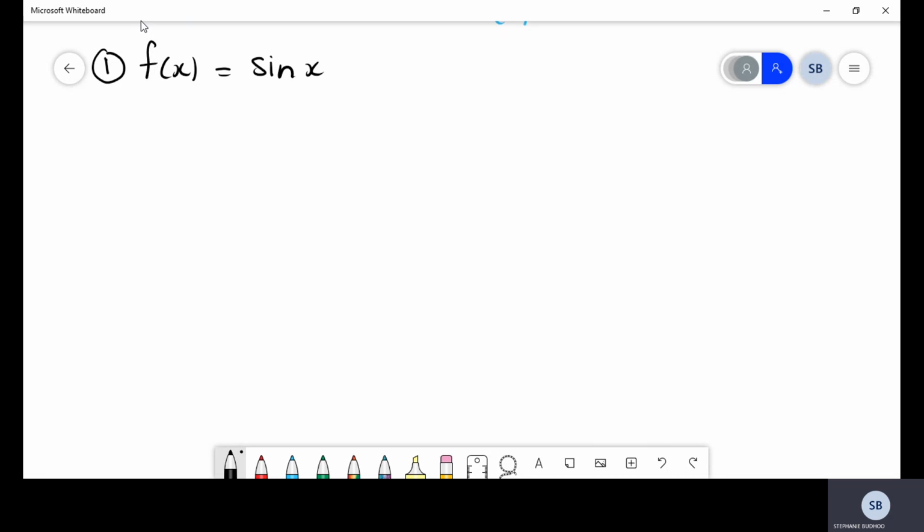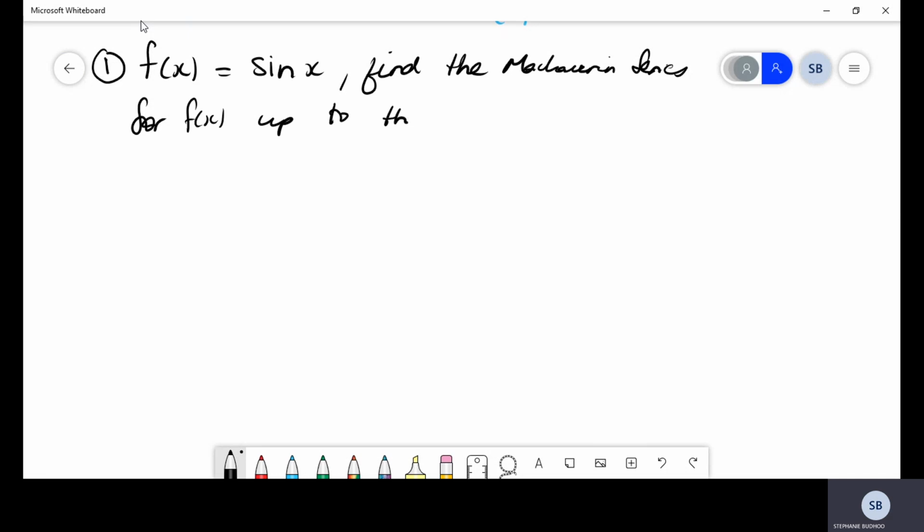And they're giving us a limit to find the Maclaurin series for this function, but up to the term in x cubed. All right, we'll stop at x cubed.